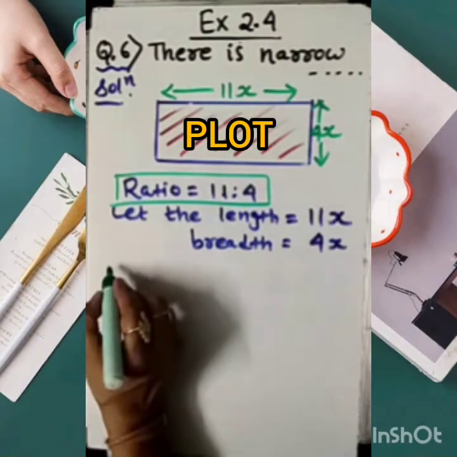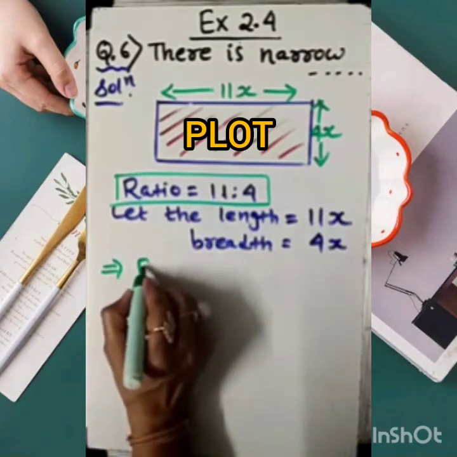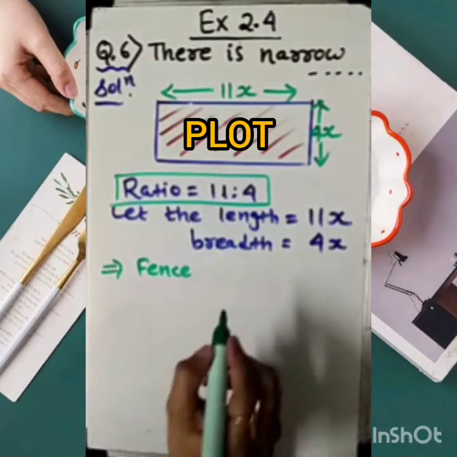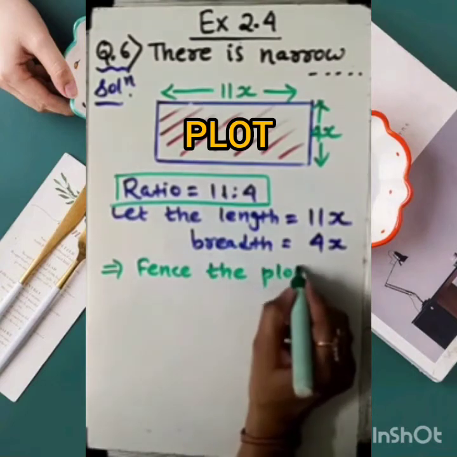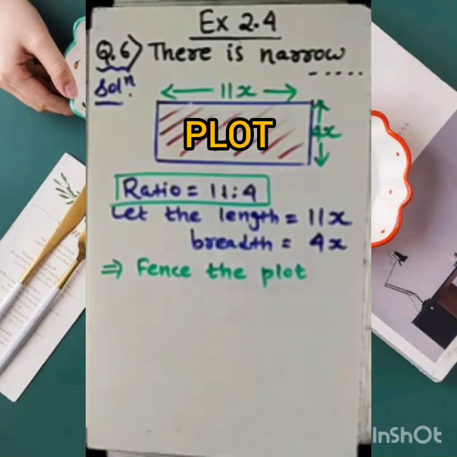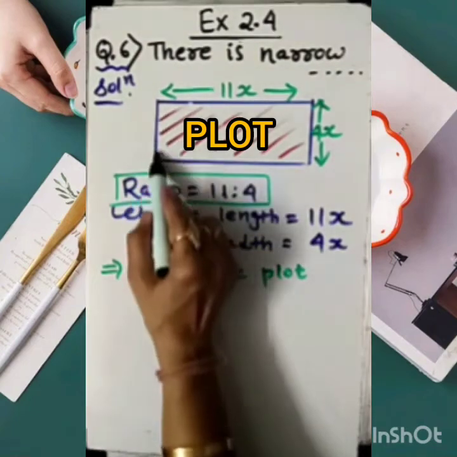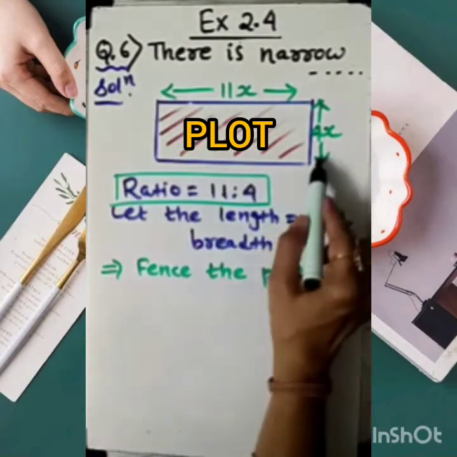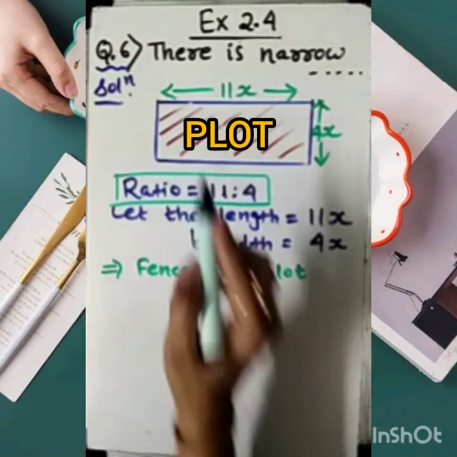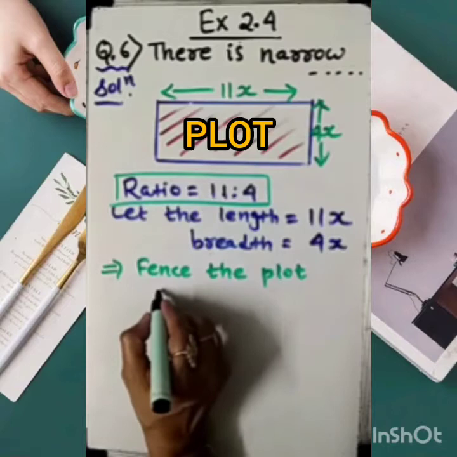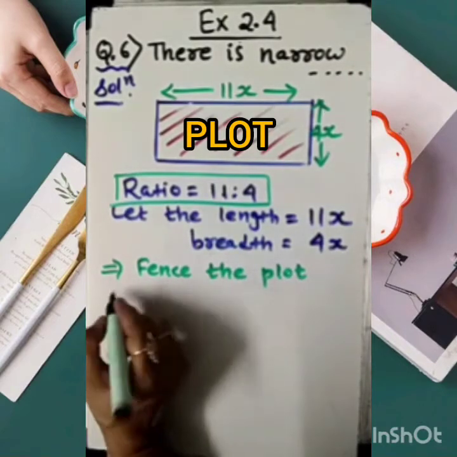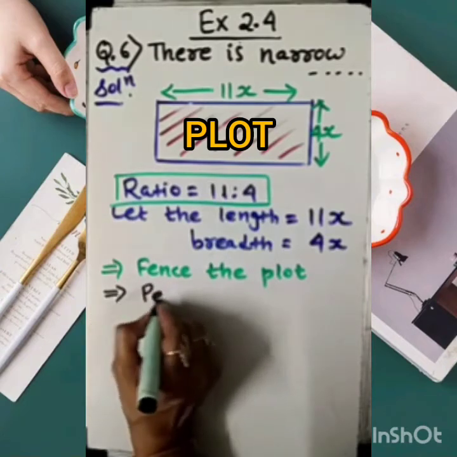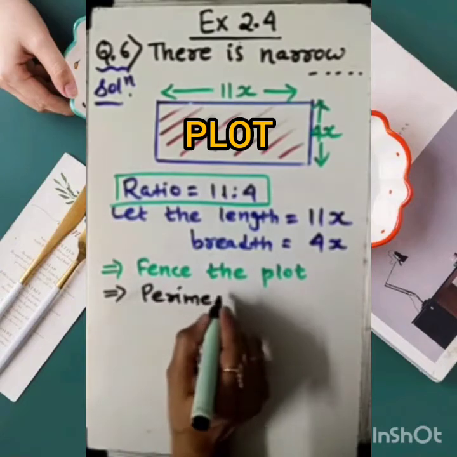The words fence the plot indicate we have to work on the perimeter. This word is very important in the given question. Fence means fencing, means to make a boundary. So fence the plot indicates the perimeter of the plot, and we need to go with that perimeter.